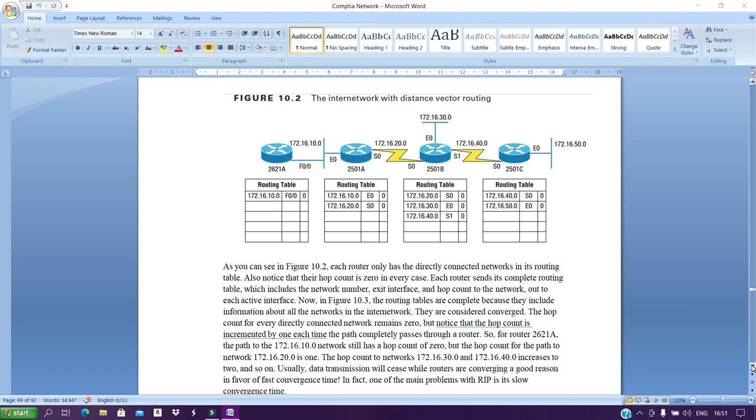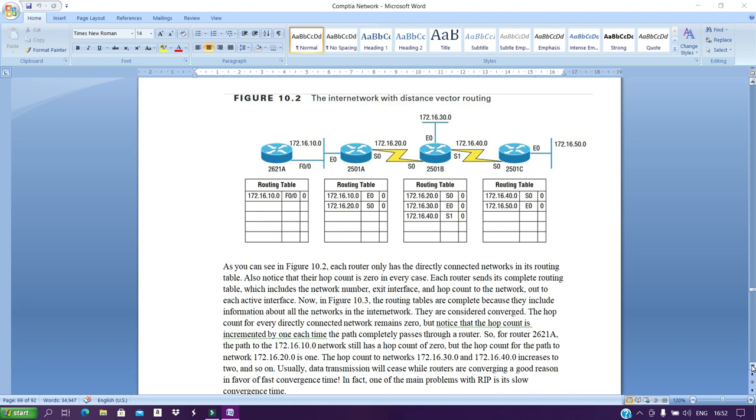Now in figure 10.3, the routing tables are complete because they include information about all the networks in the internetwork. They are considered converged. The hop count for every directly connected network remains 0, but notice that the hop count is incremented by 1 each time the path completely passes through a router.